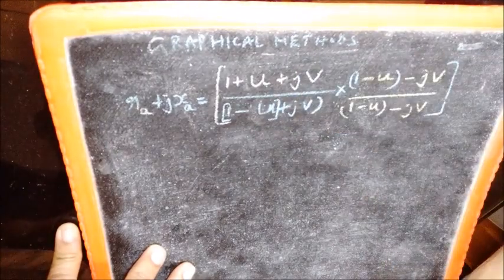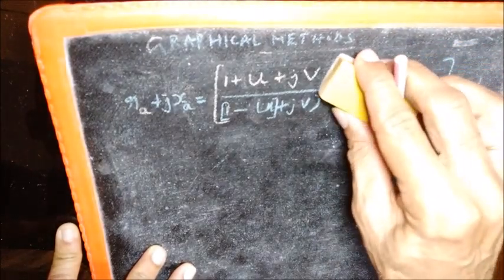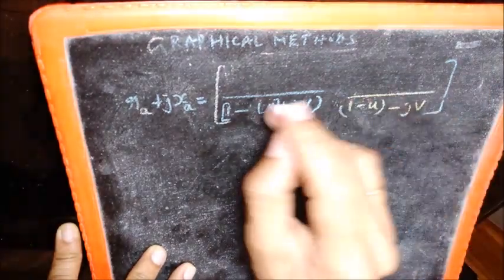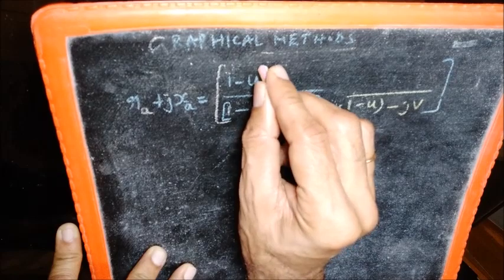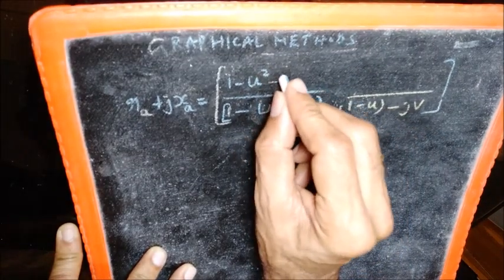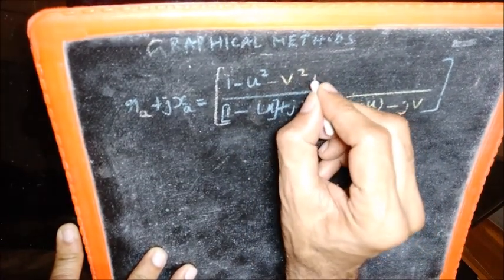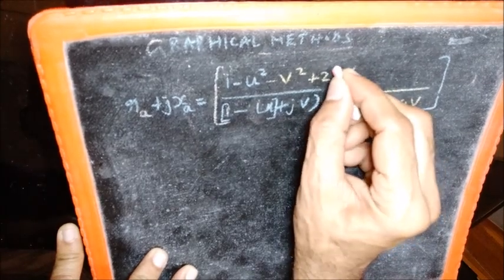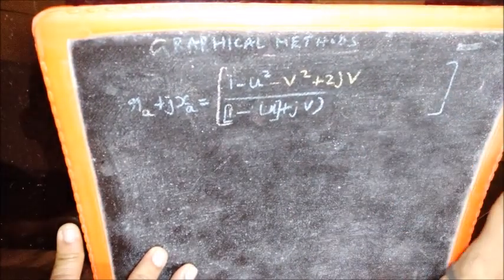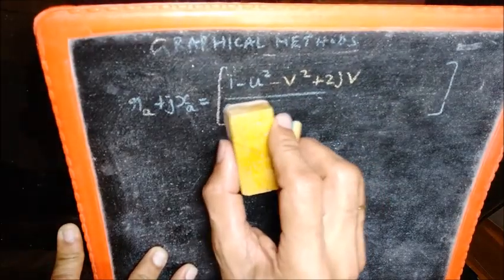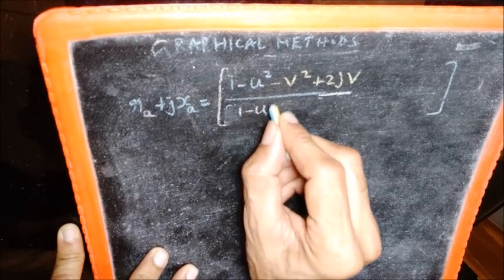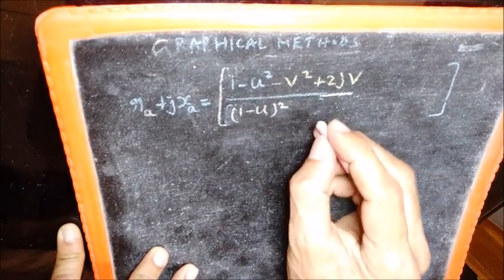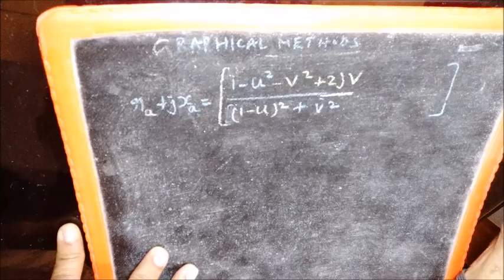This is something you can do. It's a simple expansion, and the result will be 1 minus U square minus V square plus 2jV. And in the denominator, as you know, you will get 1 minus U square plus V square.